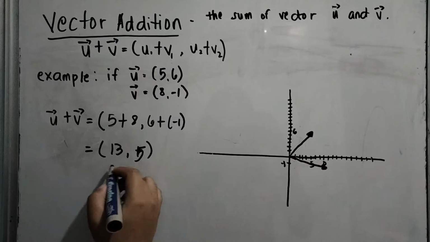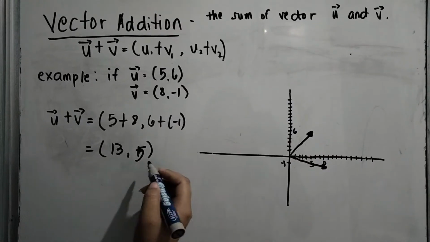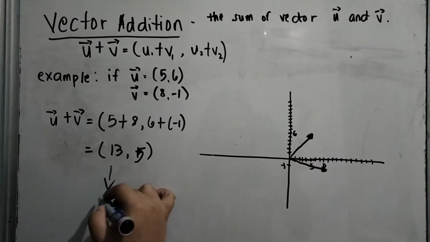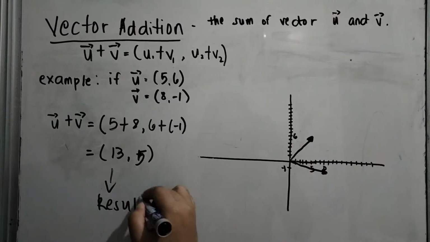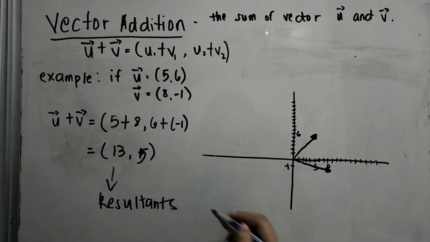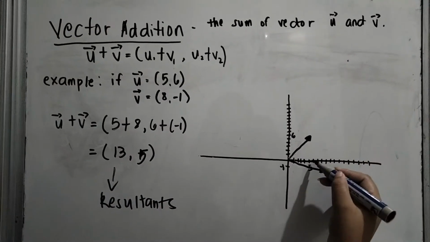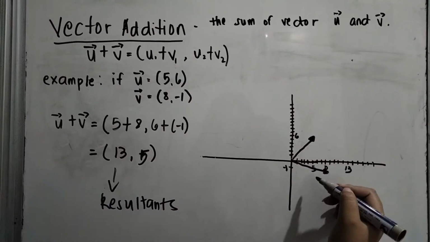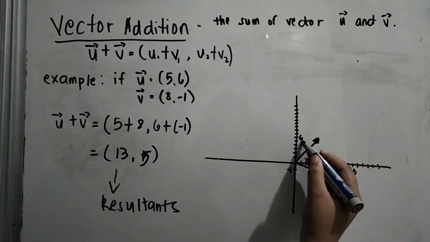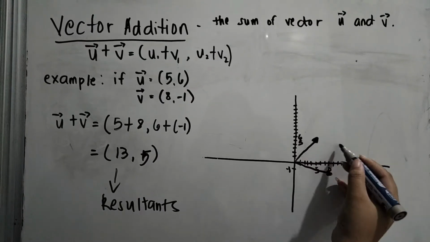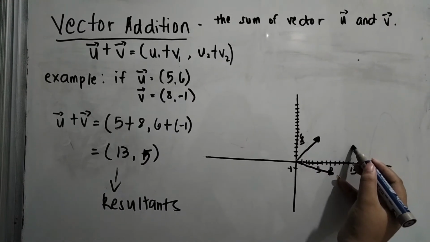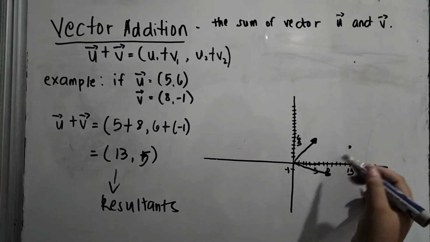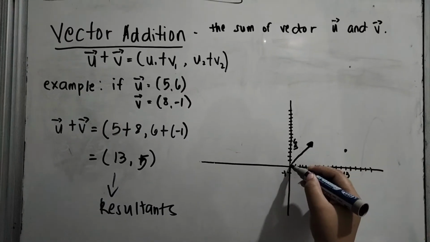13 and 5. So, ang tawag dito sa 13 and 5 na to is resultants. 13 and 5, 5, 6, 7, 8, 9, 10, 11, 12, 13, and 5 dito. Ito yung dots. Yan, and then origin ulit.